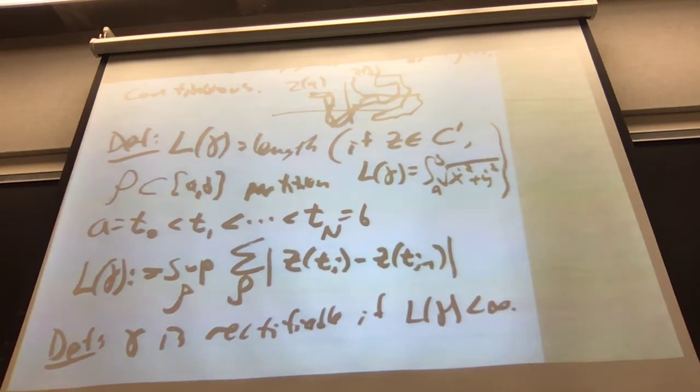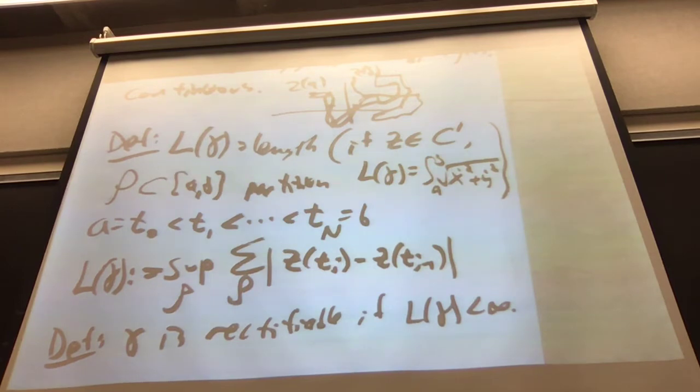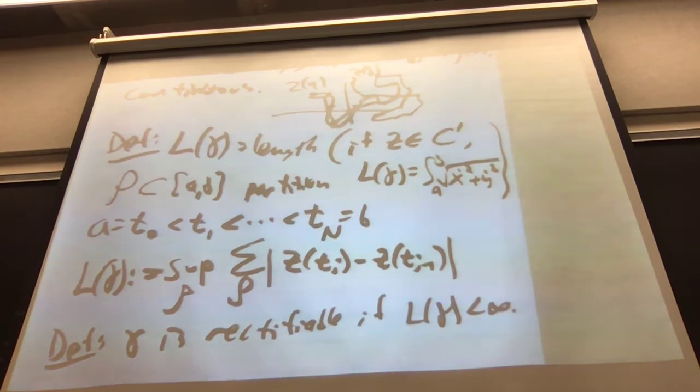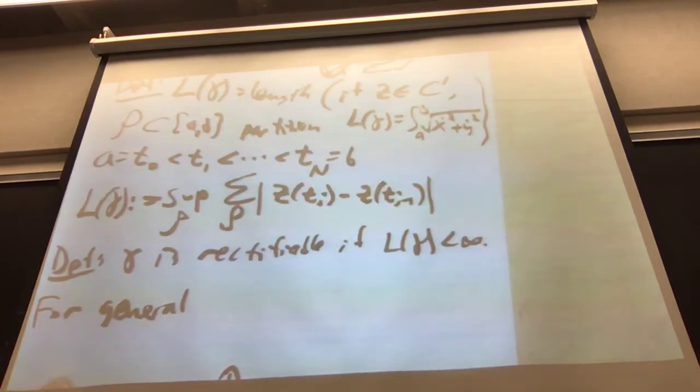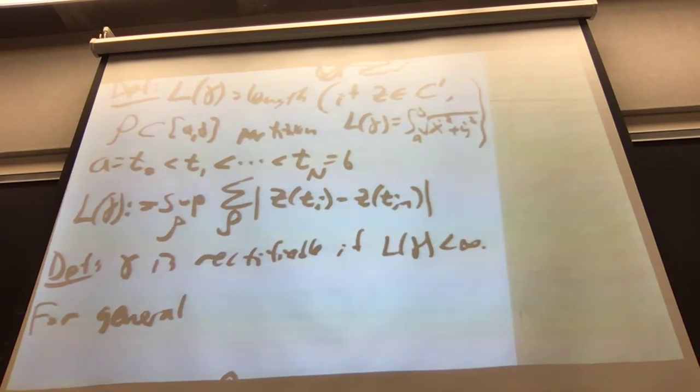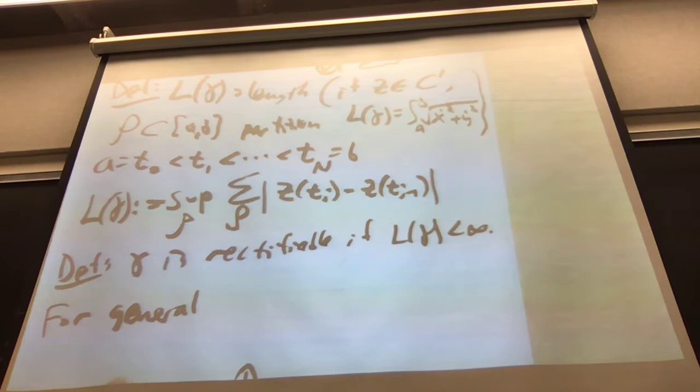Okay? So that's rectifiability. This is our notion of length. Now this was in the case of a continuous curve, but for a general function, it's funny because the same notions have lots of different terms attached to them. So in the language of curves and rectifiability, this is the length and the notion of rectifiability.